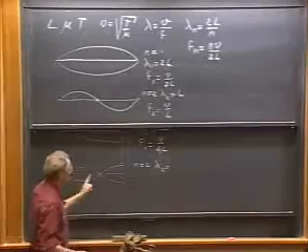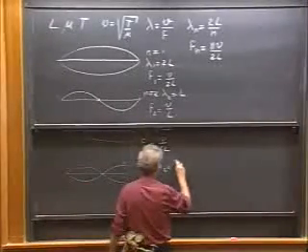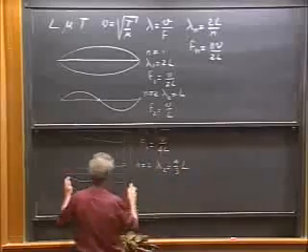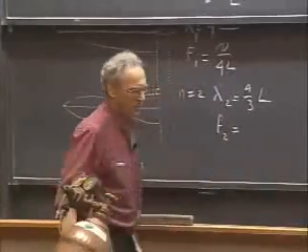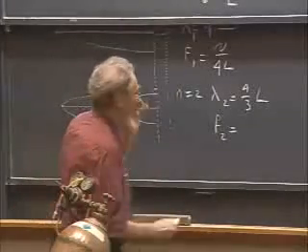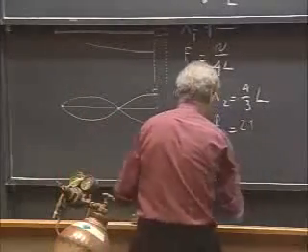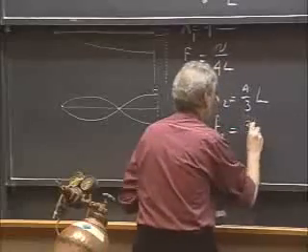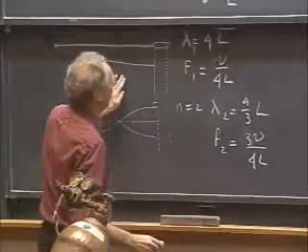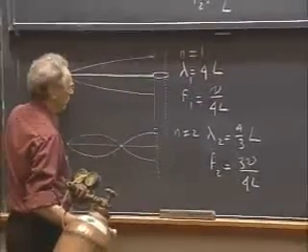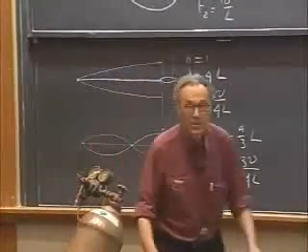Lambda 2 is 4/3 times L. Right? You need it, make it longer. And therefore, f2 is now 3V divided by 4L. And so now we can write down the general recipe for the nth mode, n being Nancy.